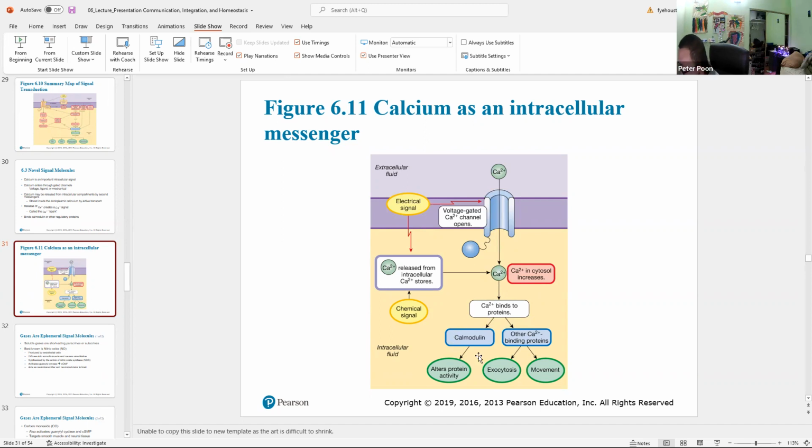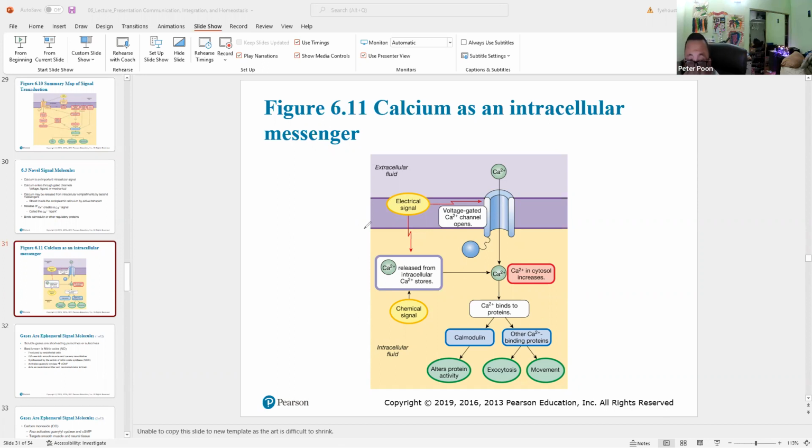Calmodulin is exactly what it sounds like: using calcium to modulate other proteins. That's how you came up with the name calmodulin. What it does is bind to proteins and activate them after getting a calcium signal.